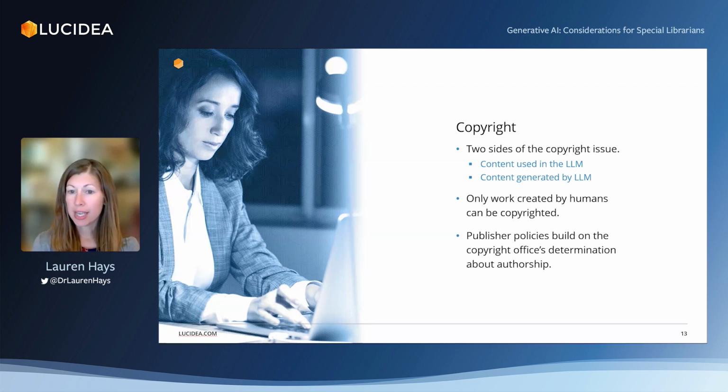It is interesting if you use many of the image generators and you ask for a picture of a superhero to come up. Many of the superhero images it will create look like images from Marvel movies. And the only way that it would do that is if that's what it was trained on.